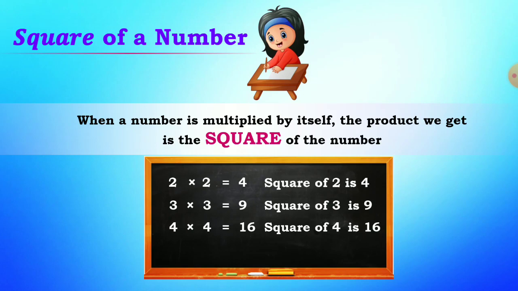Now students, can you tell me what would be the square of 5? How will you find it? Yes, we will multiply 5 by 5, which is equal to 25. So we say square of 5 is 25.